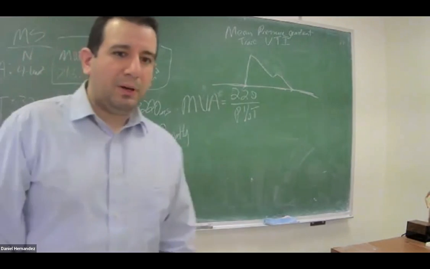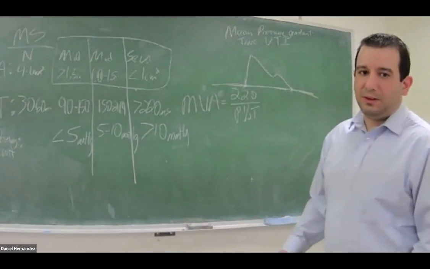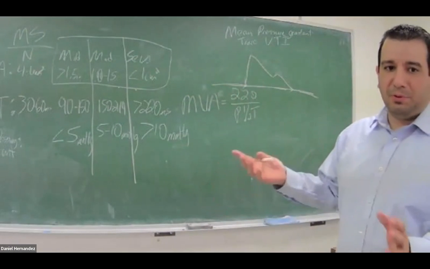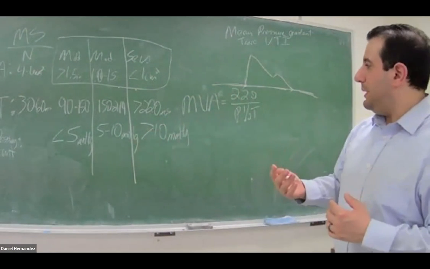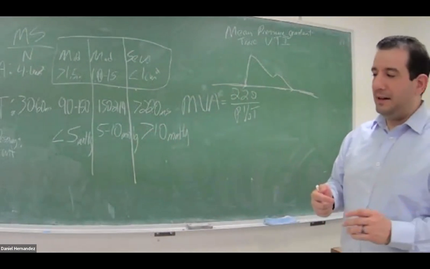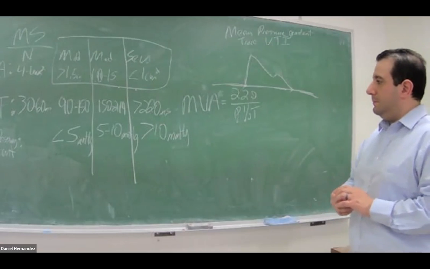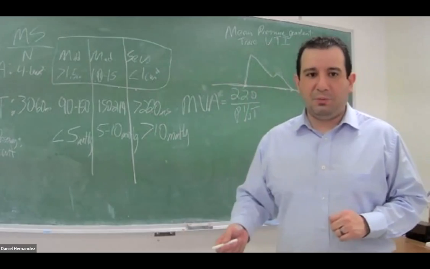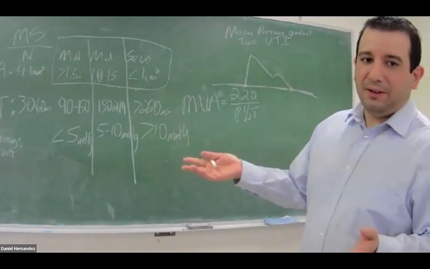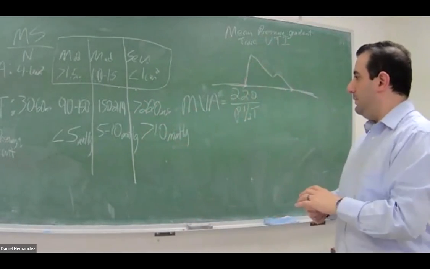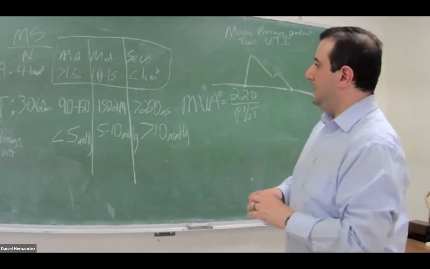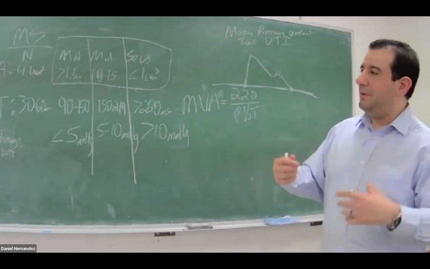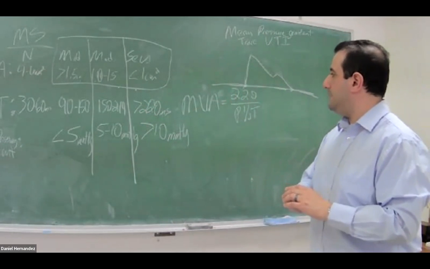So basically what mean pressure gradient is telling you is the difference in pressure, or that gradient, between the left atria and the left ventricle. If you have a large gradient, a large difference in pressure between the left atria and the left ventricle, that can be used to evaluate the severity or degree of stenosis.